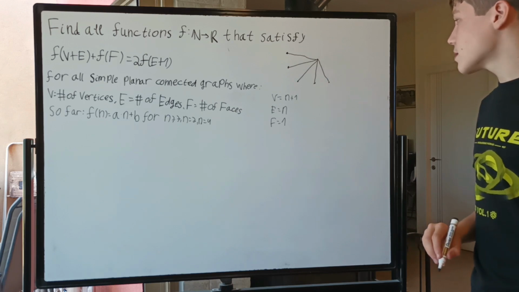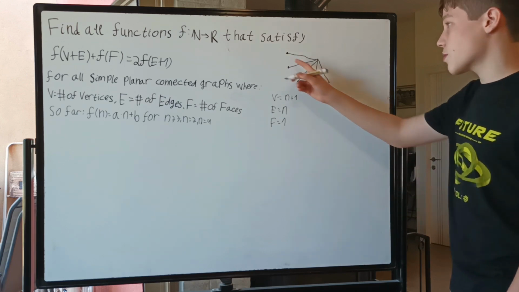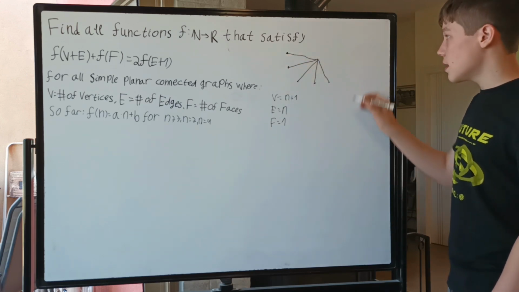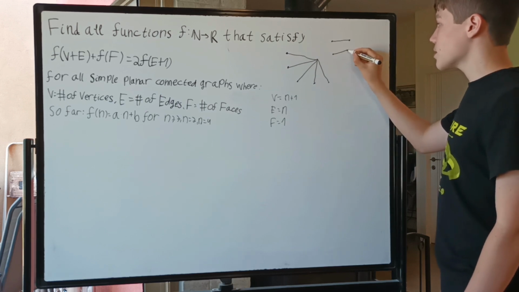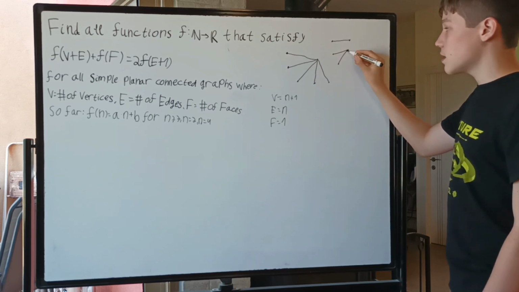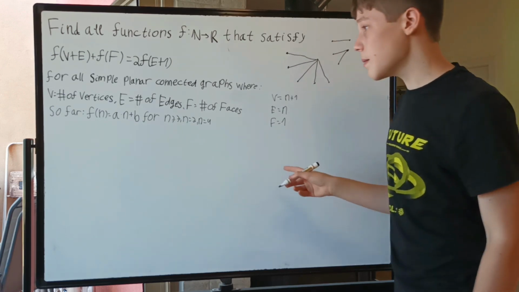And here, this time, n is just any natural number. Since we can do this with just n is equal to 1, it's going to be this thing. And for n is equal to 2, it's going to look like this, and so on and so forth. So this we can do for any natural number n.